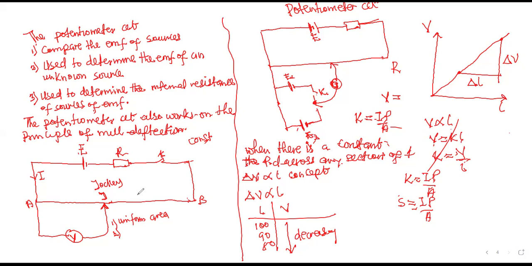So as a precautionary measure, we do not slide the jockey over the wire, because apart from changing the physical property of the wire, it will also increase the resistance and affect the constant current which must flow.